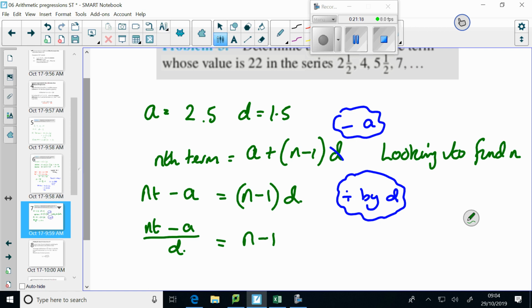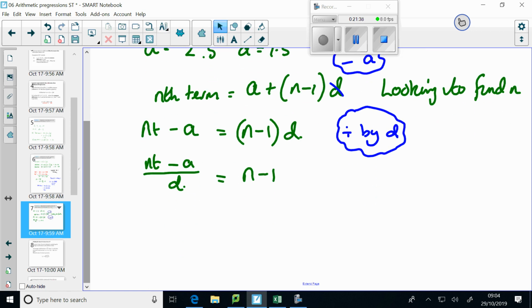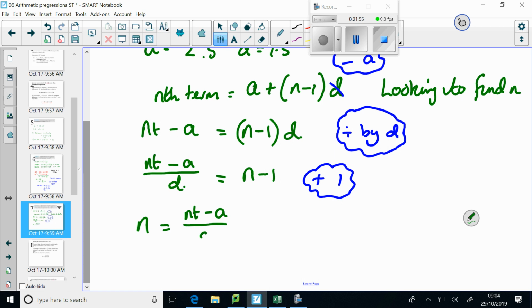Now the brackets are gone. Next, considering we're trying to find n, add 1. So we get n is equal to the nth term minus a, over d, plus 1.